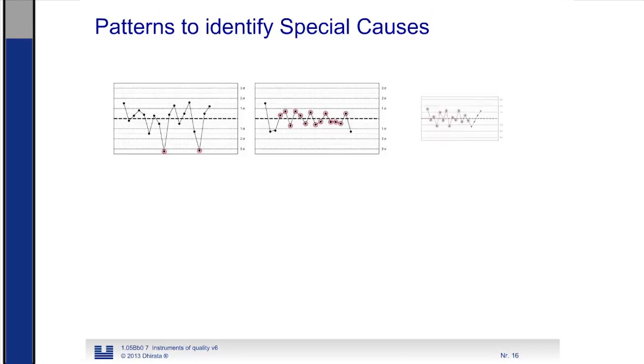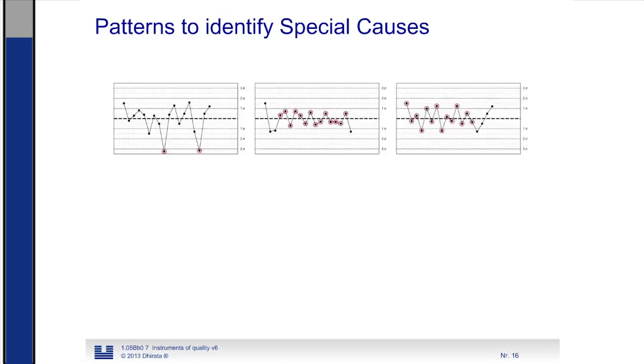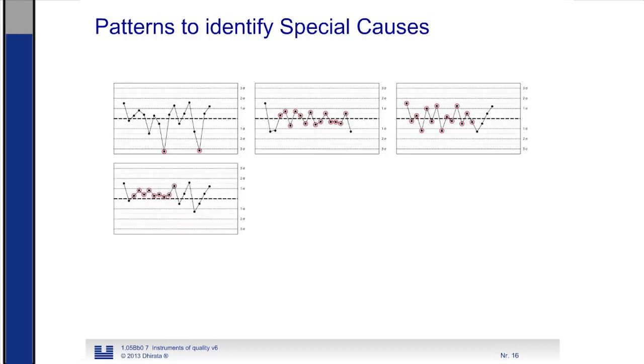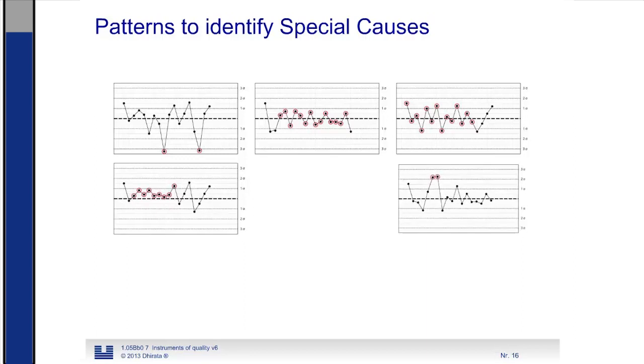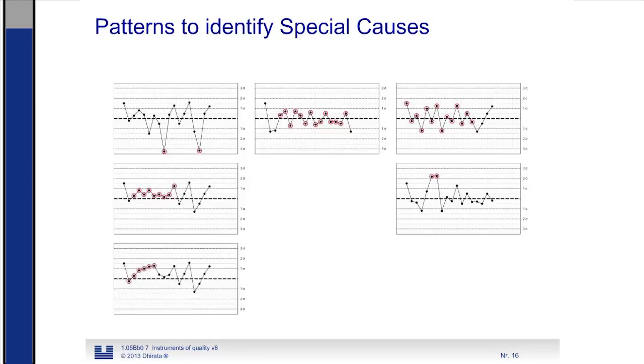In the third pattern, we see a kind of alternating pattern, up and down and up and down. That too is unlikely. In the fourth pattern, we see 7 in a row above the average. Very unlikely. When there are 2 in a row above 2 standard deviations, it is also a very unlikely pattern. The rising trend in this 6th chart is also very unlikely. Even then, there's something we need to worry about.